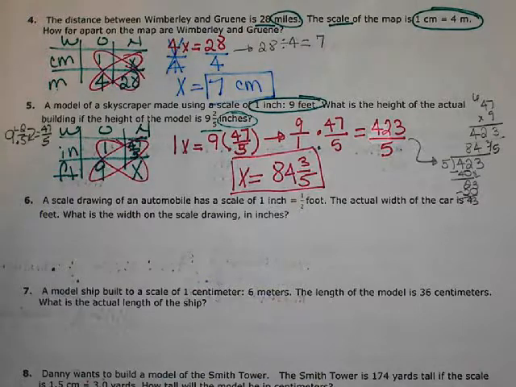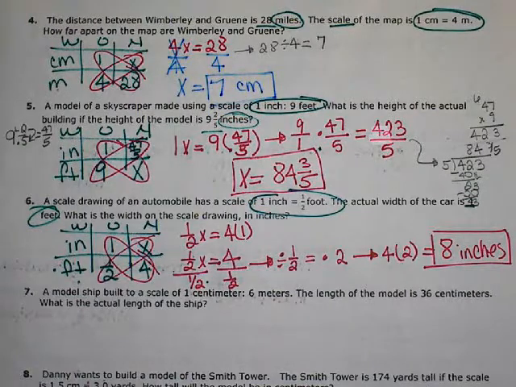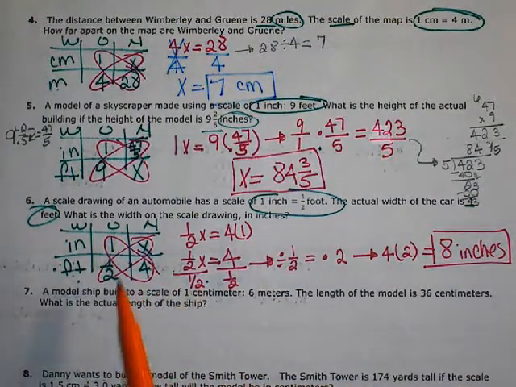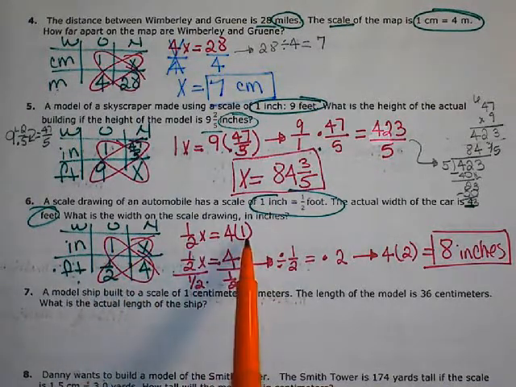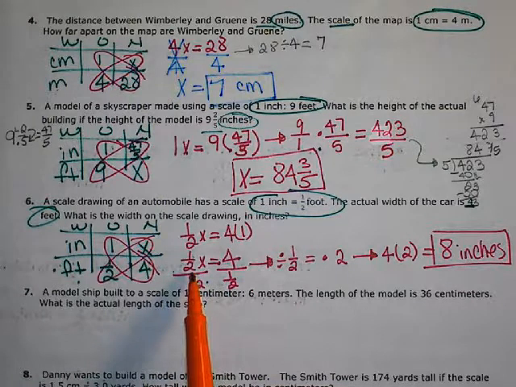Let's try number 6 by ourselves. Number 6 was one of these problems where you were going to be dividing by a fraction with a numerator of 1. And if you can see, I did cross multiply, so I got 1/2 times x equals 4 times 1.